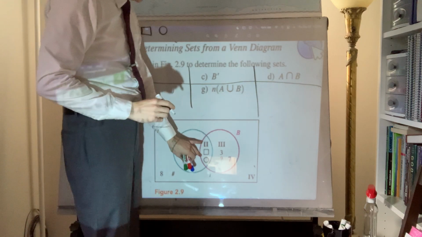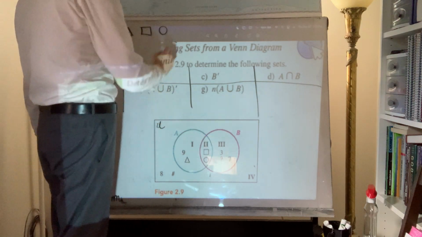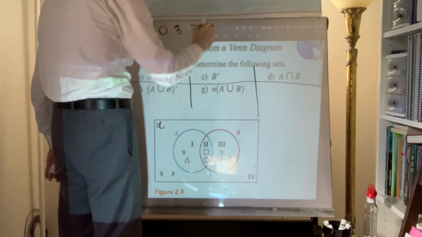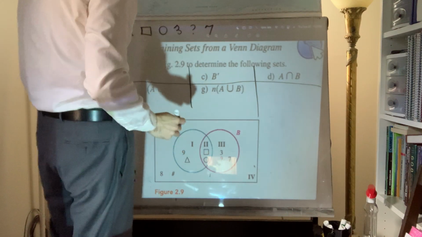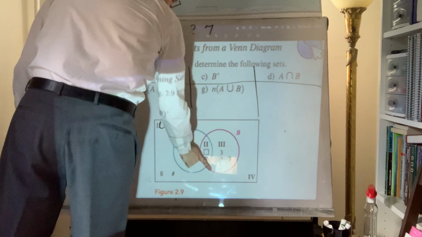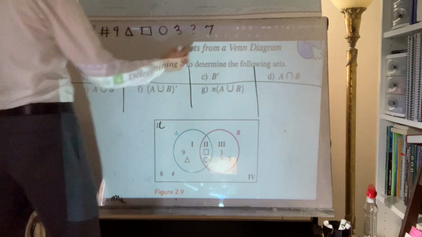And then moving over would be 3, question mark, 7. And then I think that's it. That little arrow that you see there is actually not part of the picture. So this should be everything within the universal set.